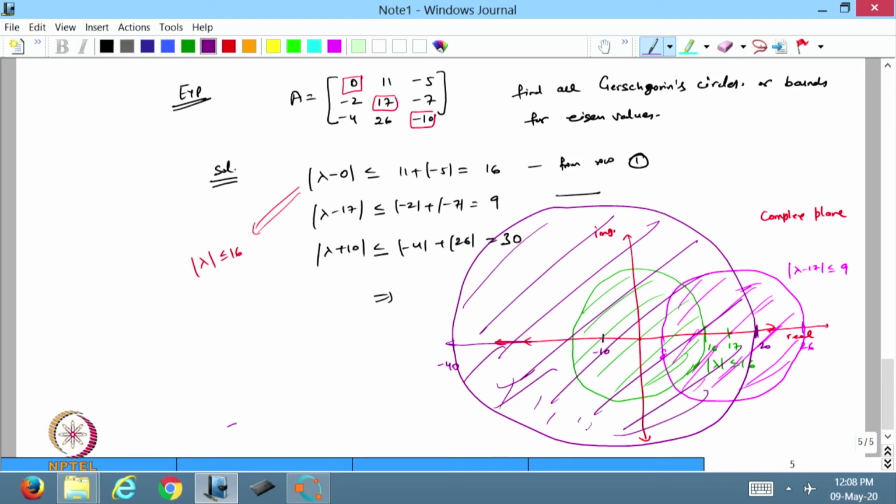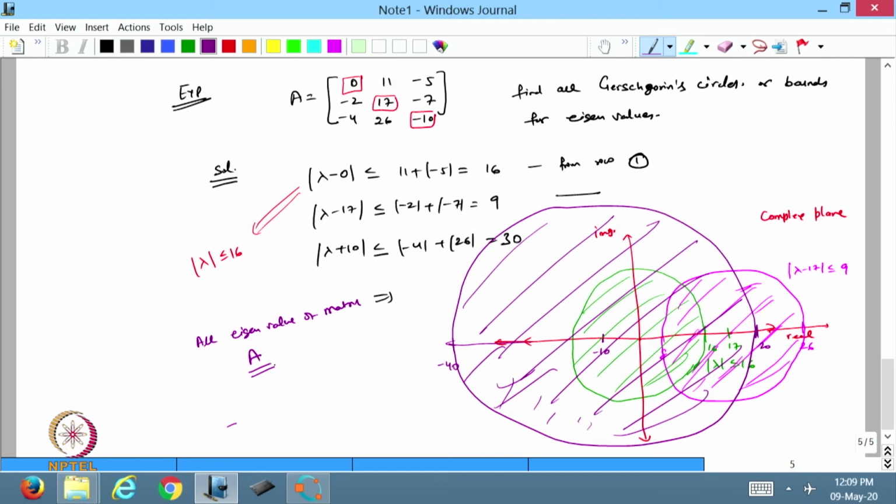So, from here it says that all eigenvalues of matrix A will lie in the union of these circles, or all the eigenvalues of the matrix A will lie in any of the circles, or I can take the union.